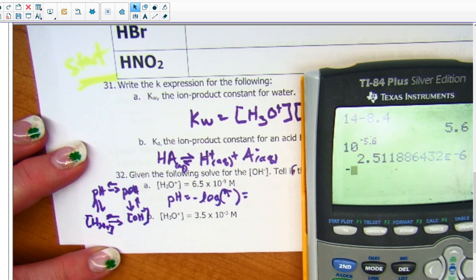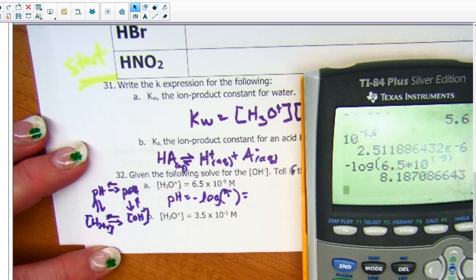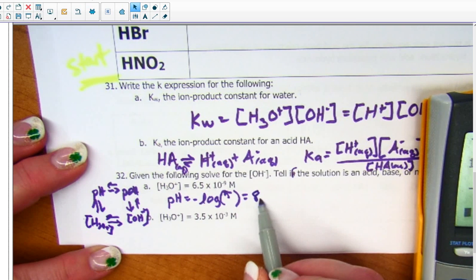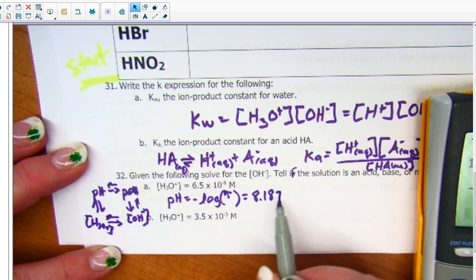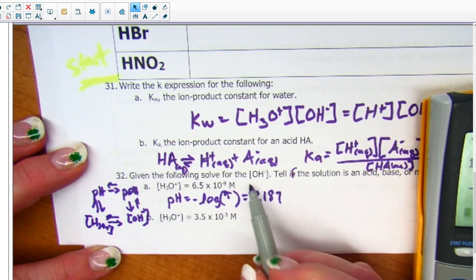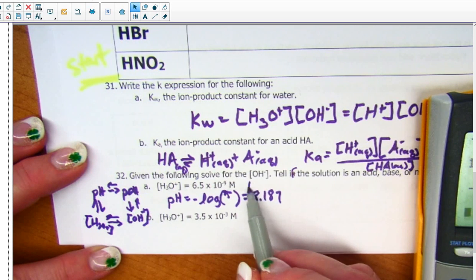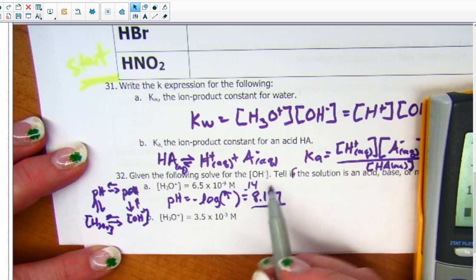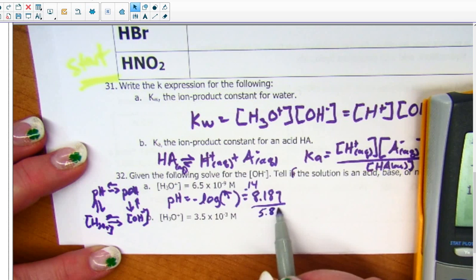Negative log 6.5 times 10 to the negative 9, close parentheses, enter. And we end up with 8.187. I'm just going to carry that through right now. To get across the top, we would take 14 minus that. So 14 minus the answer would give me 5.81.